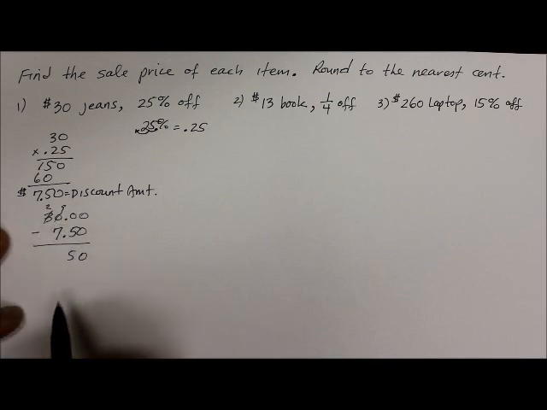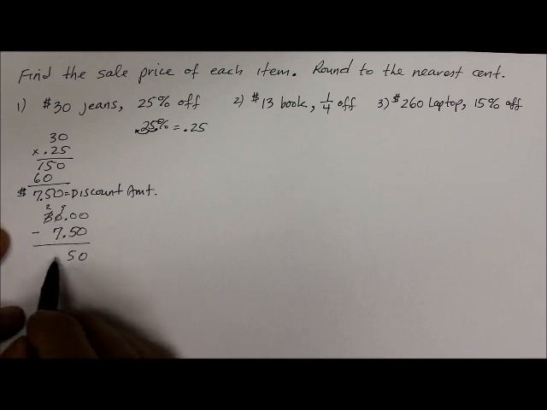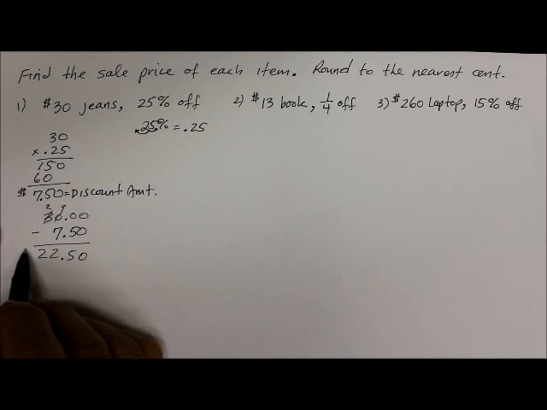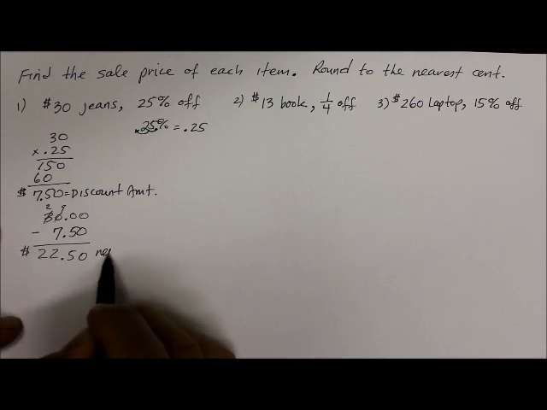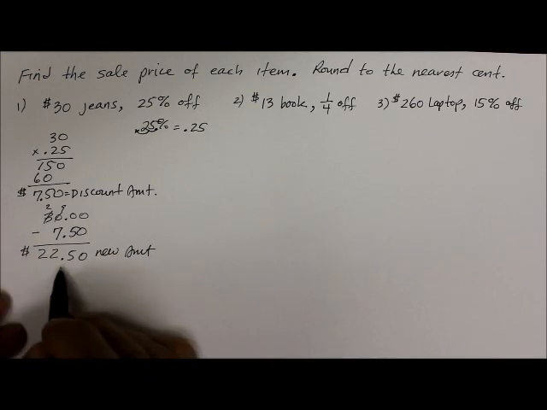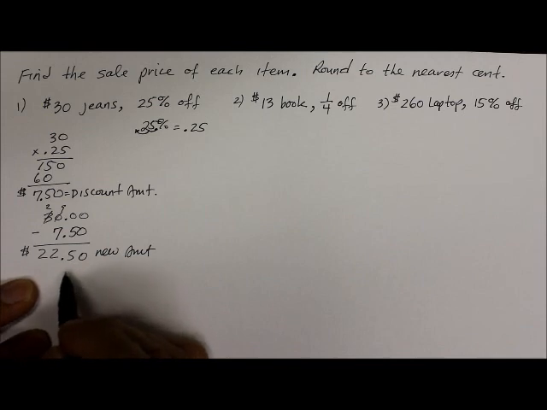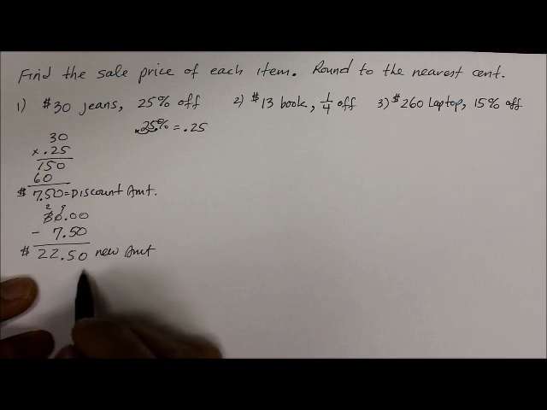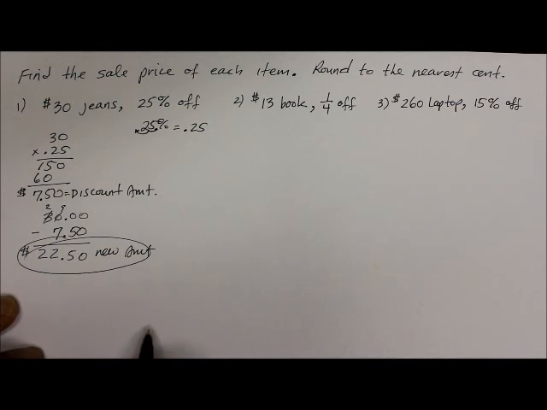The numbers all reduce. 9 minus 7 is going to be 2. So the new amount is going to be $22.50. After you pay the sales tax, I get a feeling it's going to go right back to where it was. Not quite. So here you go.